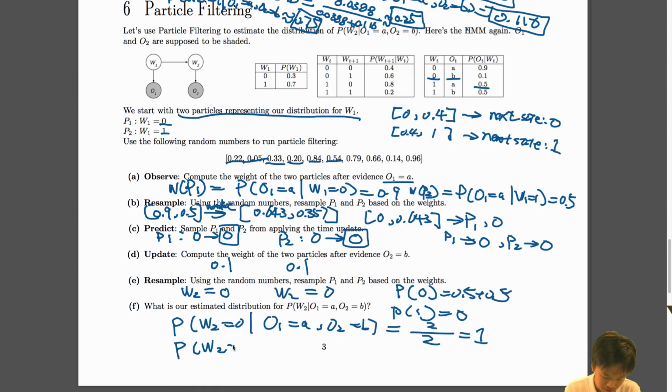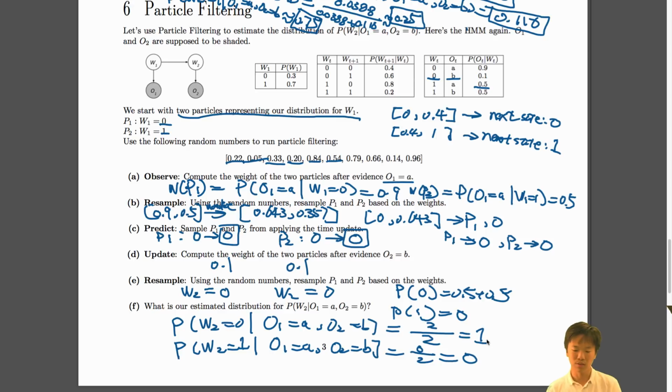And the probability of W2 equal to 1 given these observations is going to be 0 over 2, and that's going to give you 0.